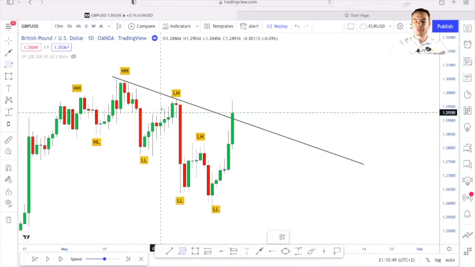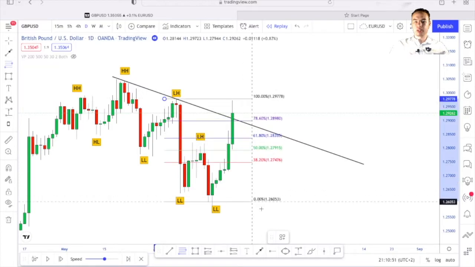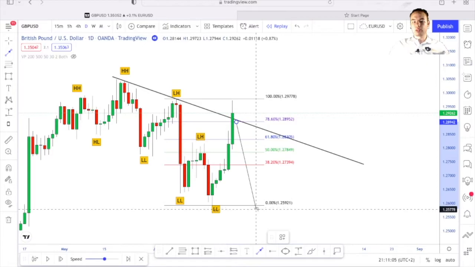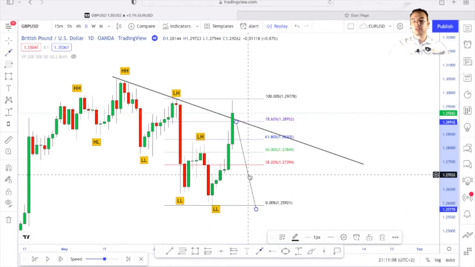And if you put your Fibonacci from this lower high to that lower low, it is a 78.6. So even though the candlestick wick can pass the 100%, that's fine. But if this candlestick closes around the 78.6, it still can be a rejection and it can still fall down to be a sell.